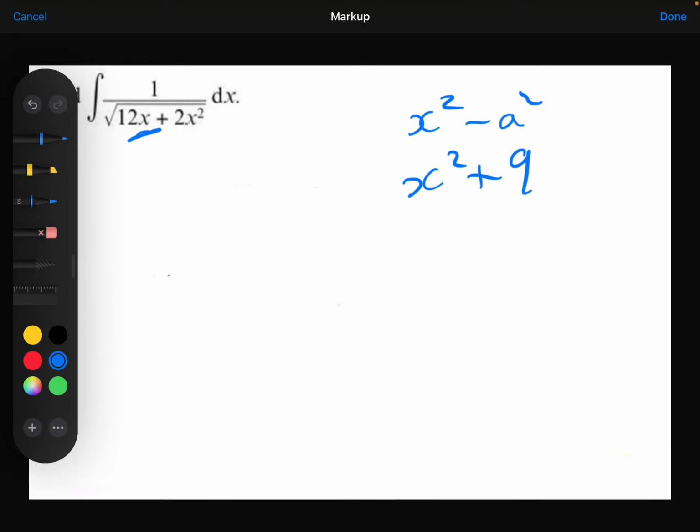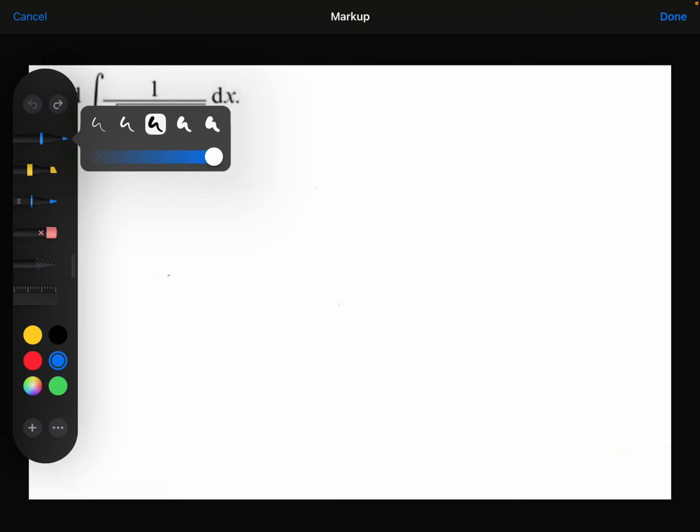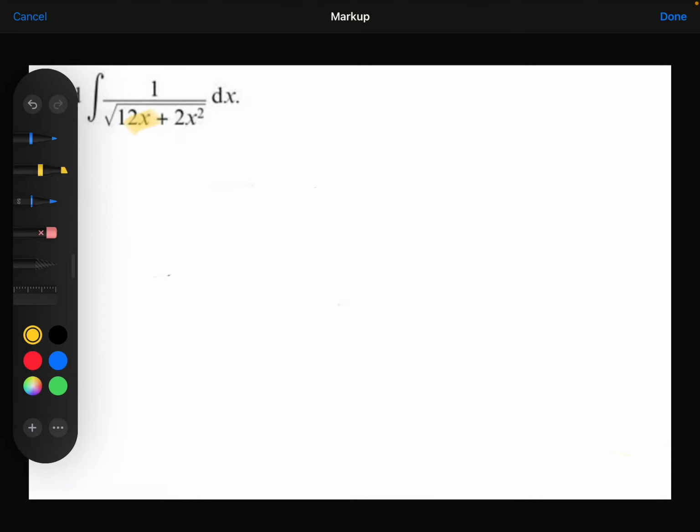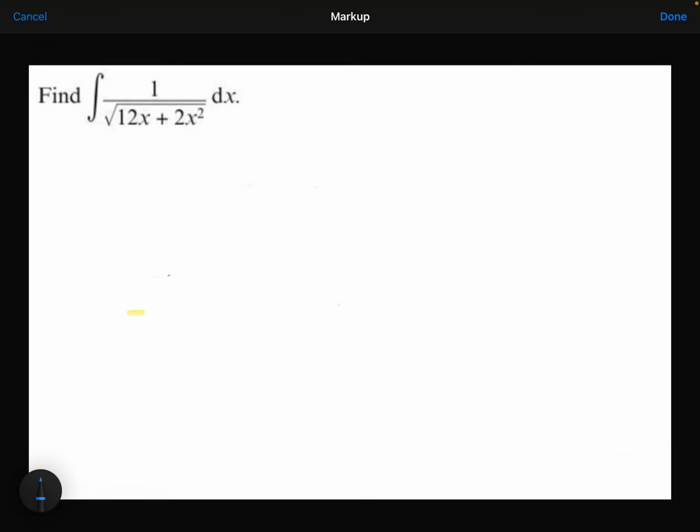So in those cases, in any case where we have an x term as well as an x squared term, we're going to complete the square. So what I'm going to do is take that denominator, the 2x squared plus 12x, and complete the square.